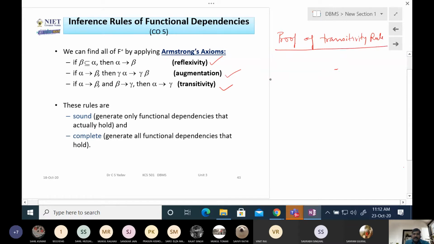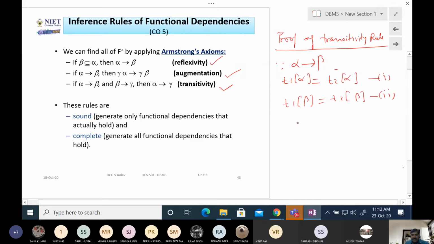Here, since alpha determines beta, if T1 and T2 tuple pair belongs to R, then for any tuple pair T1 and T2, if T1 of alpha equals T2 of alpha, then this implies T1 of beta equals T2 of beta, with the help of the definition of functional dependency.